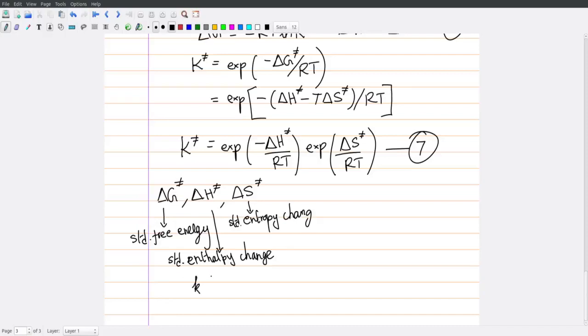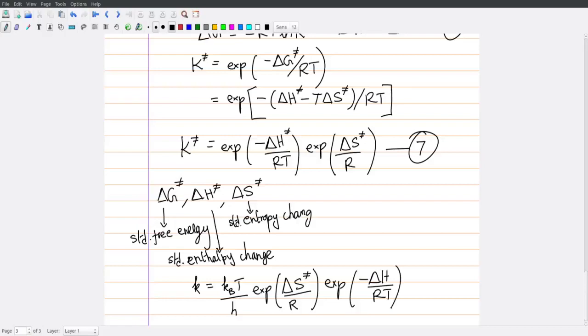So you will have k equal to kBT by h into exponential delta S dagger by R. Oh, sorry, I missed a point here. Here you will not have this T, because this T and this T will get cancelled. So please note the change. R into exponential minus delta H dagger by RT.